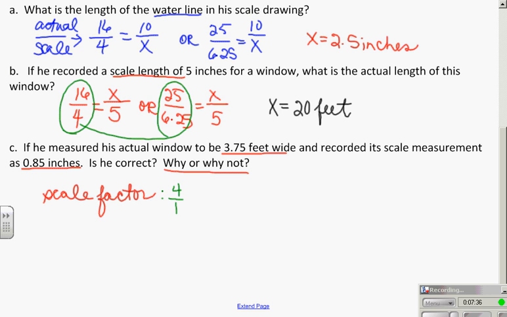Okay, we'll just continue with this way, doing actual to scale. 25 over 6.25 or 16 over 4 are going to make this exact same scale factor. So what's going to be true is that 4 over 1, is that the same as taking 3.75 divided by 0.85?